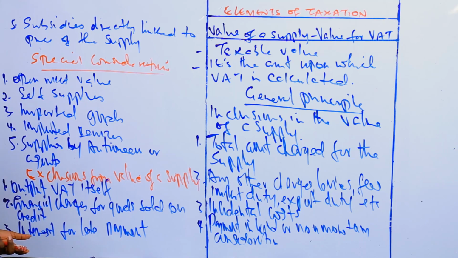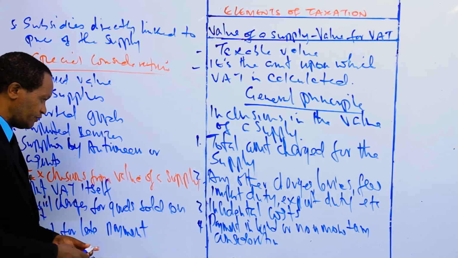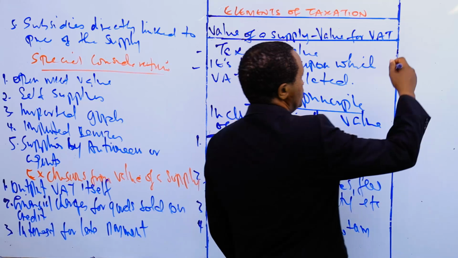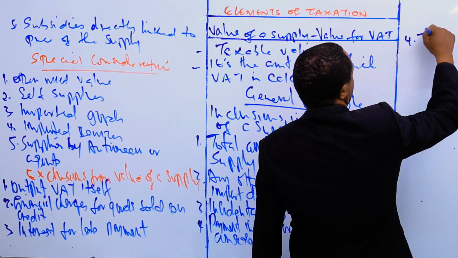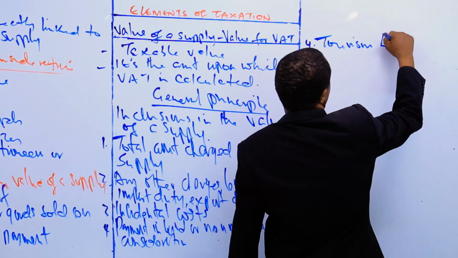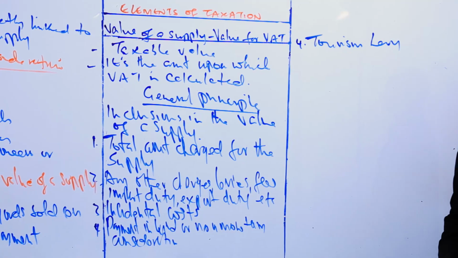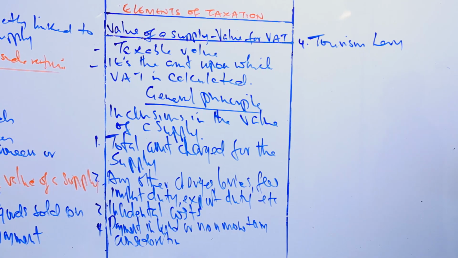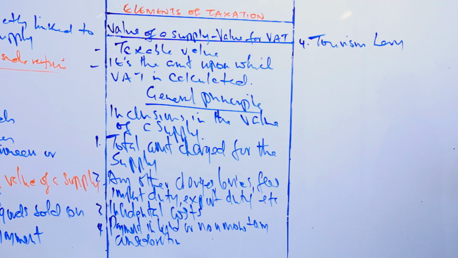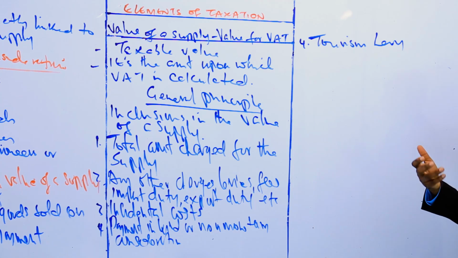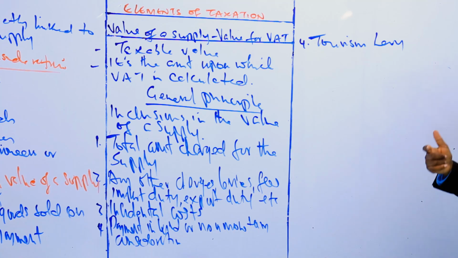Then you have tourism levy, number 4. Now, the tourism levy, where applicable, is a separate charge and typically not included in the taxable value.